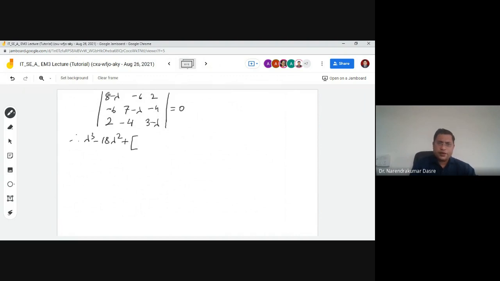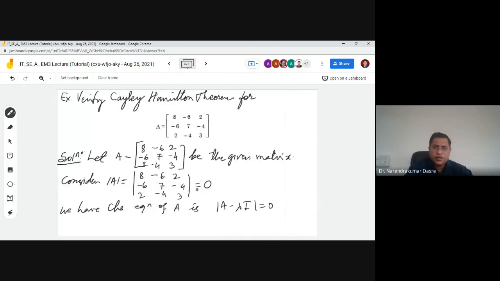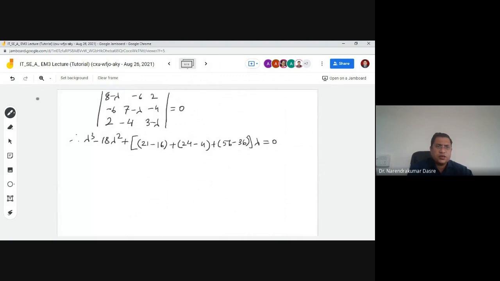The minor for this 8 is 21 minus 16, plus the minor for this 7 is 24 minus 4, plus the minor for this 3 is 56 minus 36, and this is going to be lambda equal to 0, because we have determinant equal to 0. So we don't need any constant term.